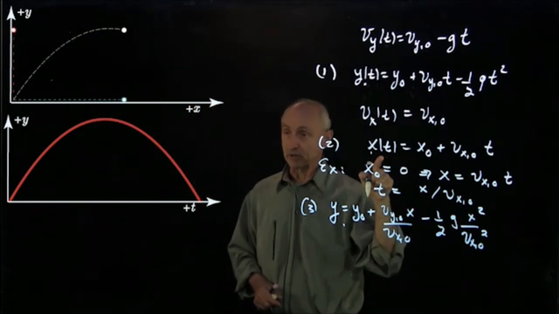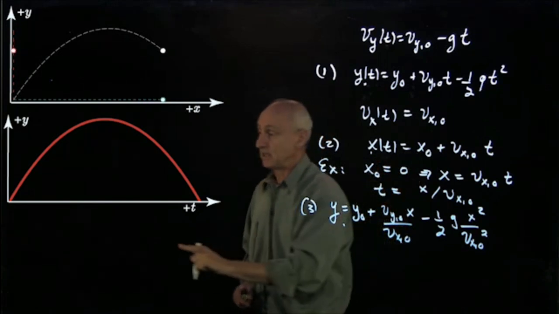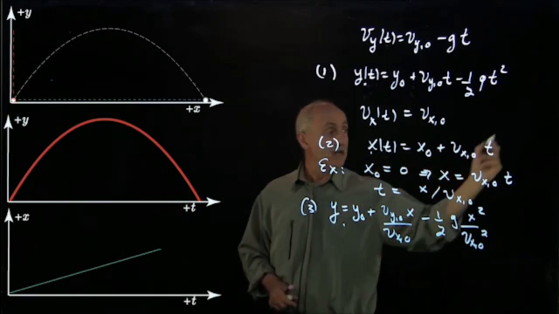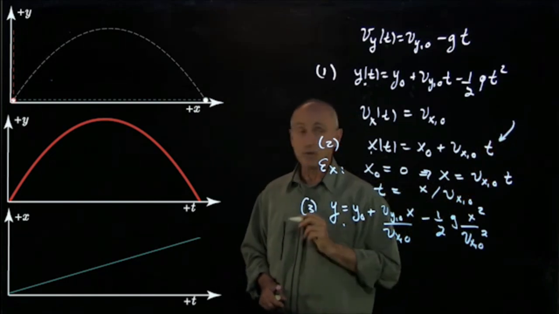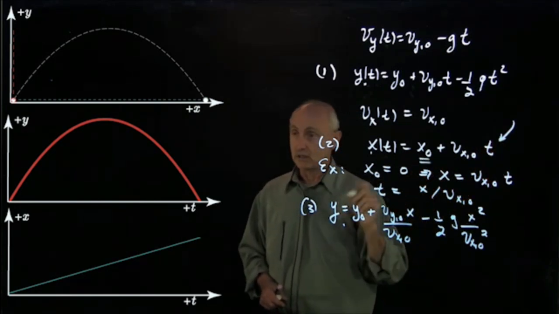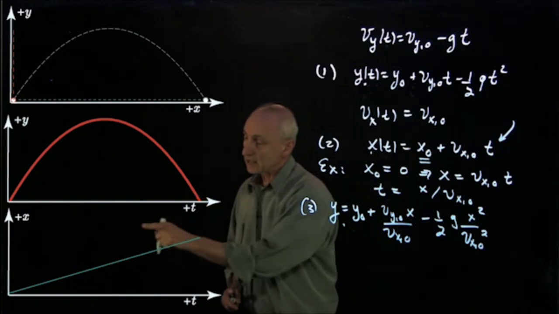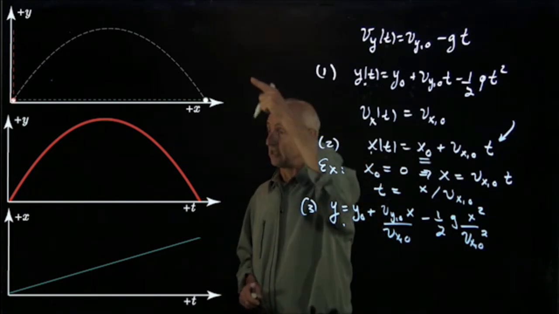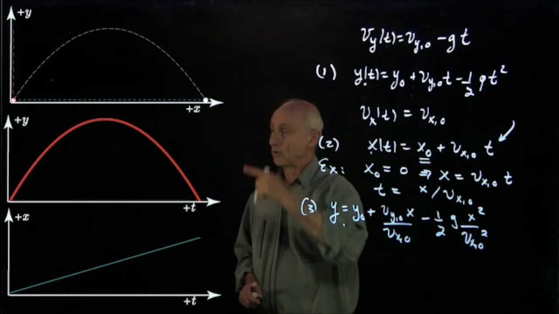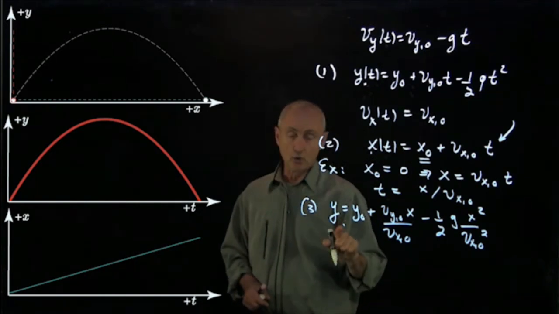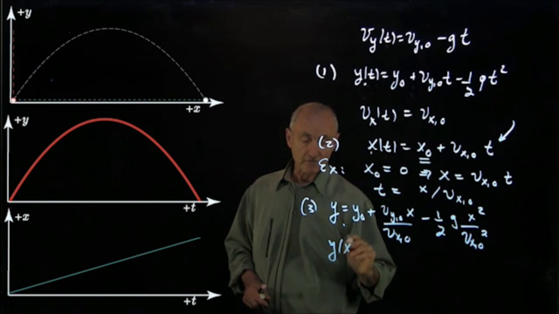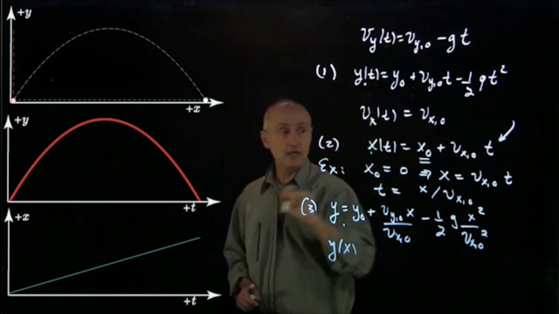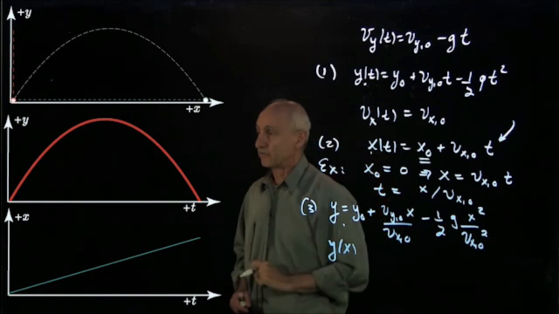Let's plot that separately, x as a function of t. And when we make that plot, you can see that this is just a linear equation in time where there's some initial condition, x naught. And so that's the plot of x as a function of t. And so we see three separate representations of this motion: y as a function of x, y as a function of t, and x as a function of t.